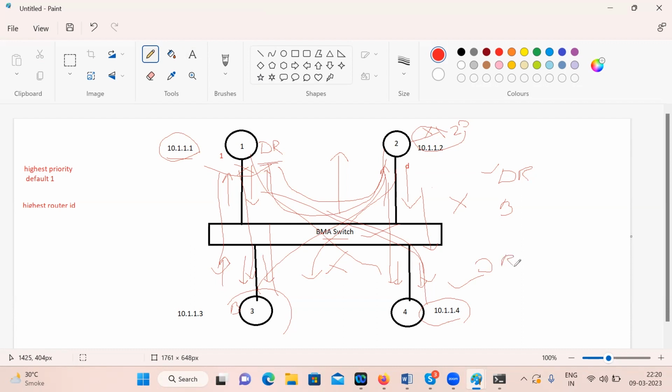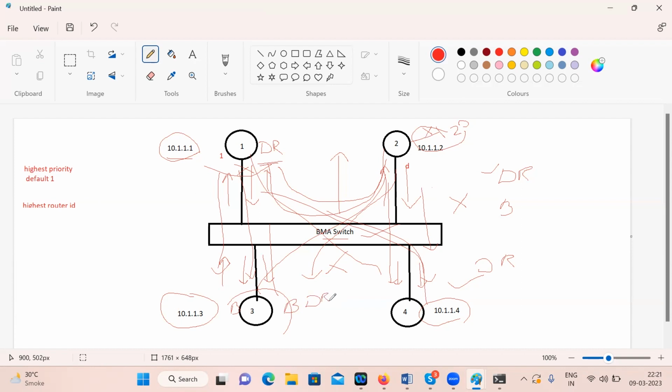For the backup designated router, we need the second highest router ID. Router 10.1.1.3 has the second highest router ID in this topology, so this router will become the backup designated router.